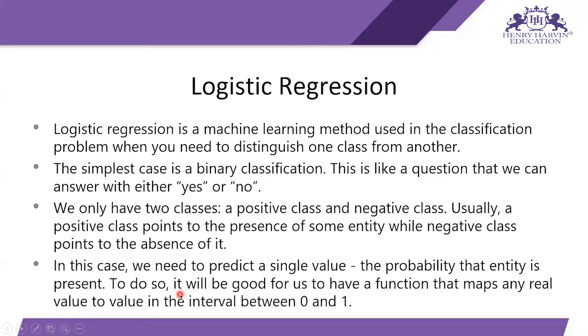The probability that the entity is present. To do so, it will be good for us to have a function that maps any real value to a value in the interval between 0 and 1. So when we provide any value, we get an output between 0 and 1.